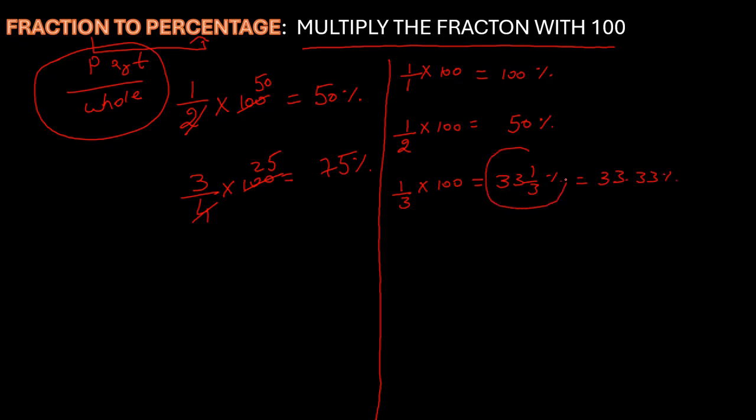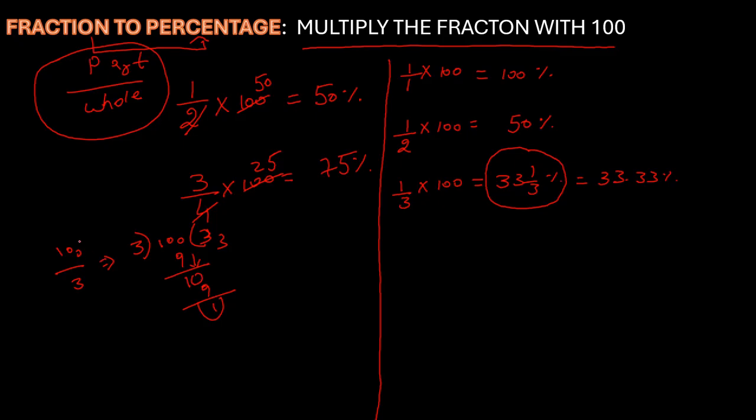Let me tell you how I got this percent. 1 by 3 into 100 gives me 100 by 3. By performing normal division on this fraction, that is 3 dividing 100, 3 3s are 9, I will be left with 1, then 0, and 3 3s are 9, and I will be left with 1.